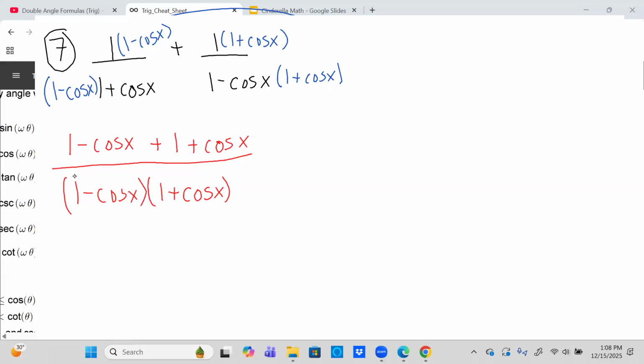Okay, on the top, combining like terms, 1 plus 1 makes 2. And then negative cosine plus cosine would cancel out. Negative cos plus cos, bye-bye.